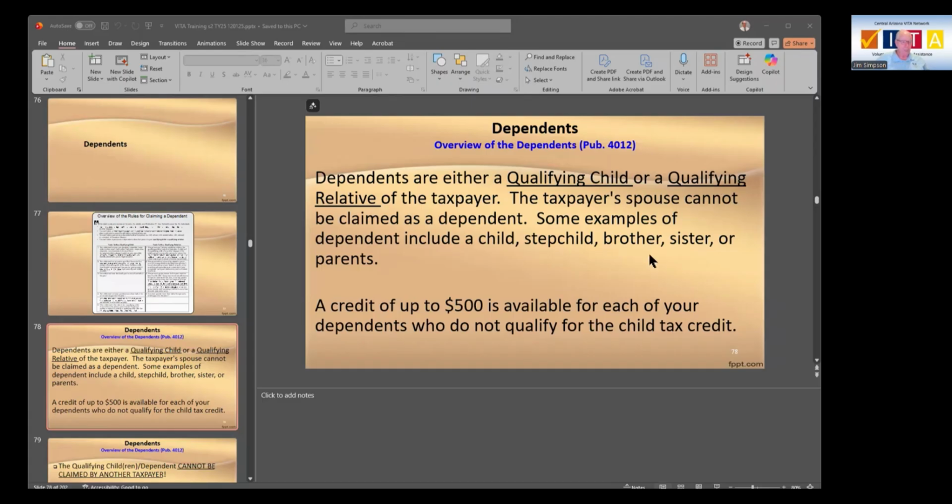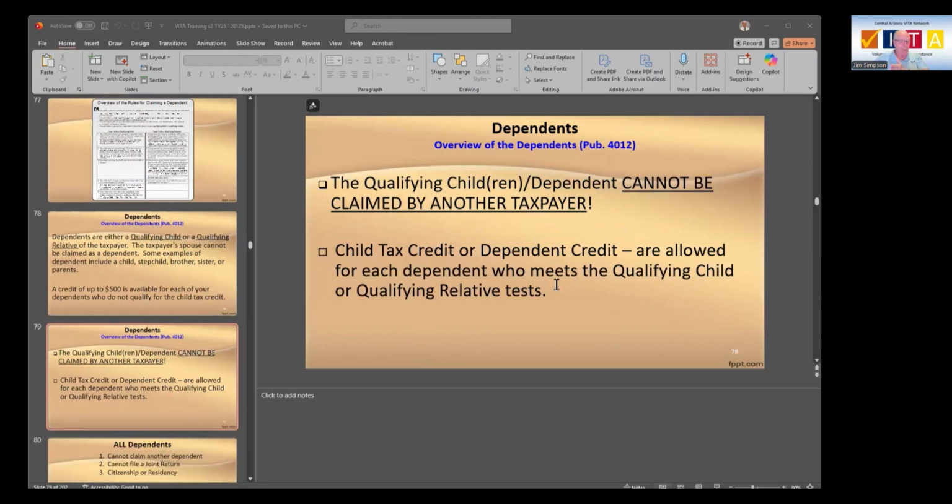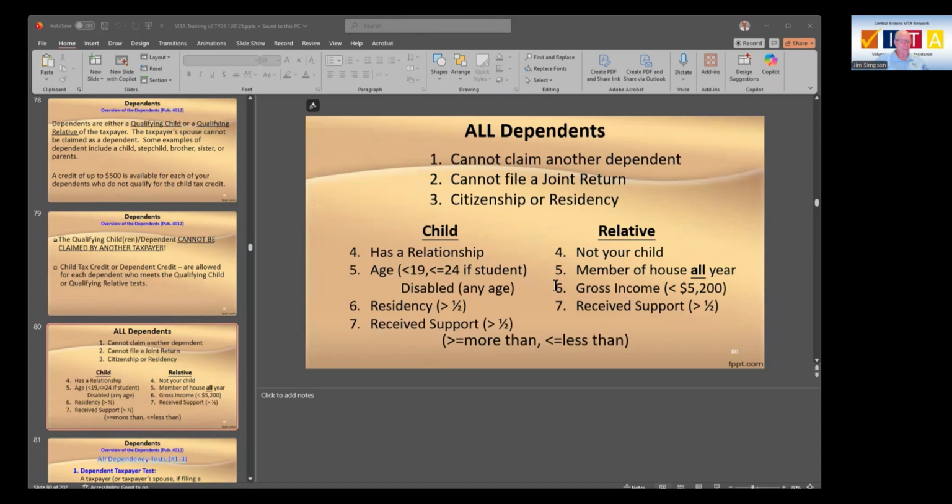You could get a $500 credit if they're not the qualifying child, if they're a qualifying relative. So that's the other thing. Qualifying children cannot be claimed by another taxpayer. Only one person gets to do it.